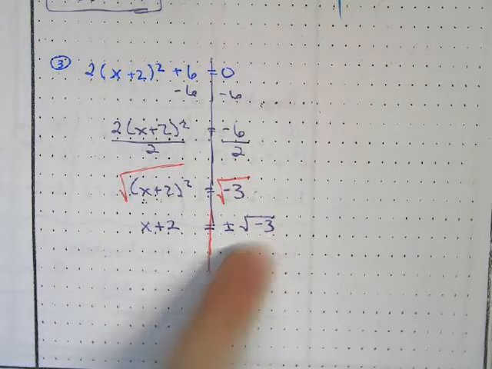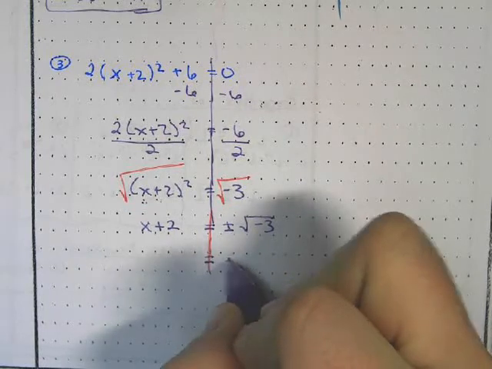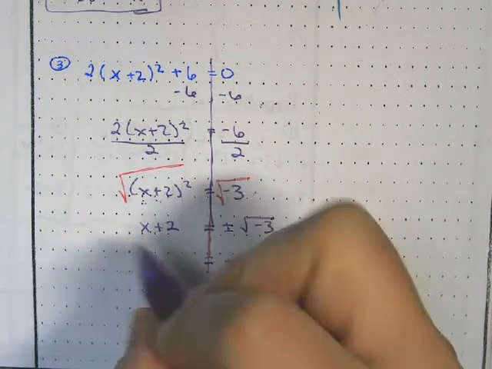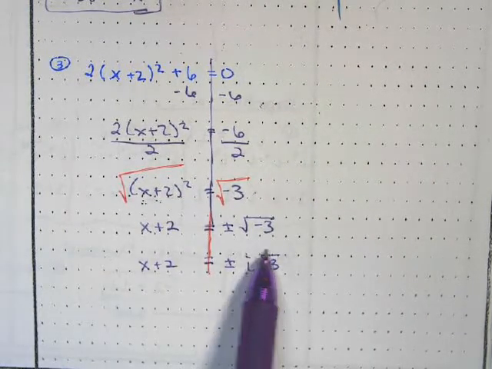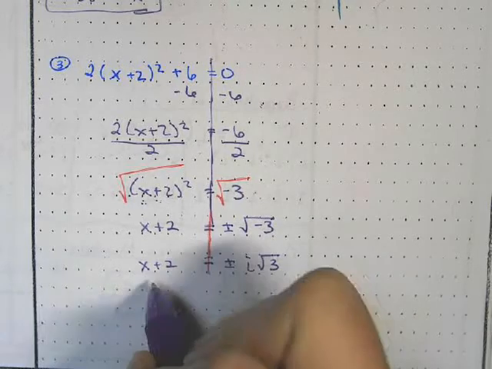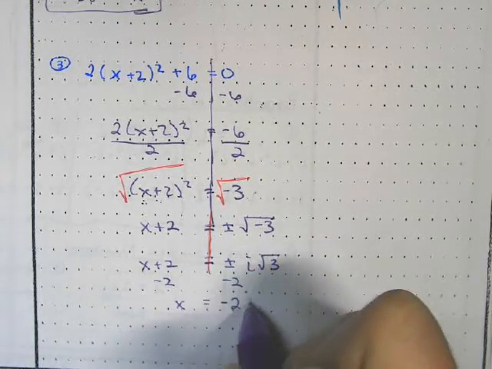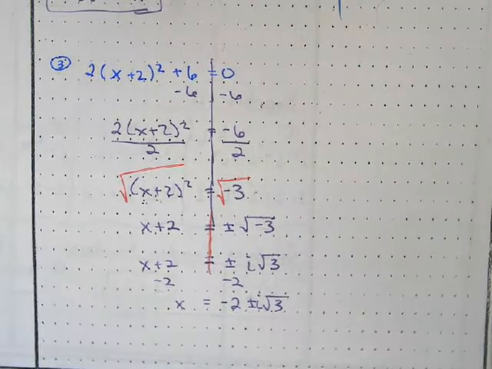The only thing I can do is pop that negative out, turn it into an i. So I have equals plus or minus i root 3. Bringing down my x plus 2. I cannot simplify the square root of 3, so I'm ready to solve for x by subtracting 2 from both sides, and we get x equals -2 plus or minus i root 3.